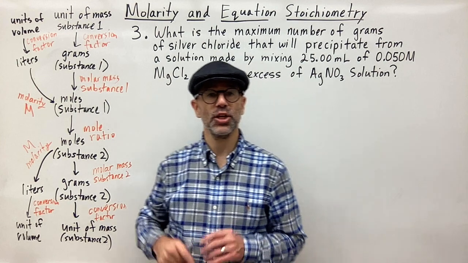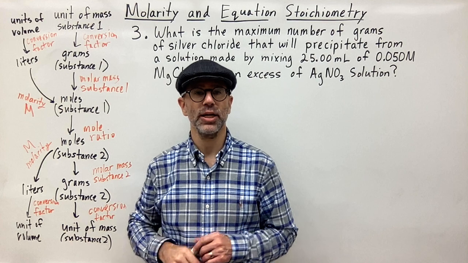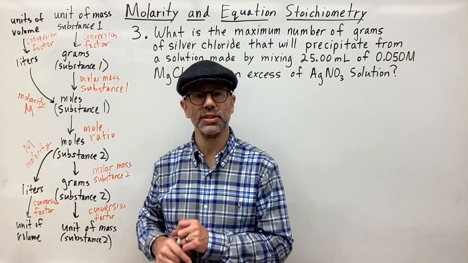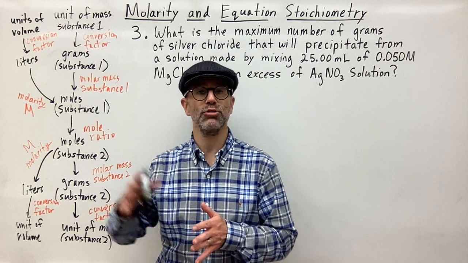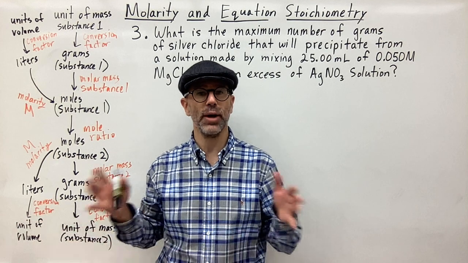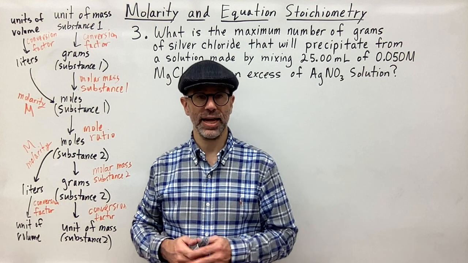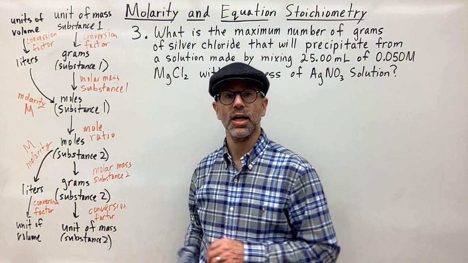So remember, the goal here in a stoichiometry problem, the first thing you need to do is figure out how you're going to get to moles of your substance, because then you will be able to use the mole ratio to convert to a different substance in your equation and go from there to whatever unit they want.